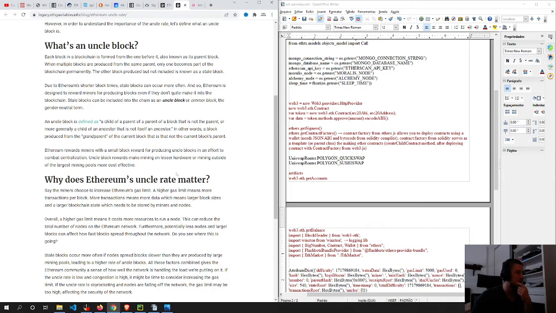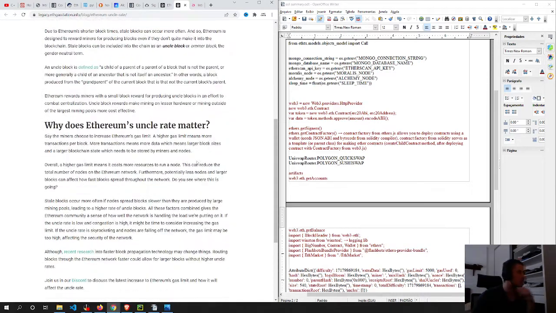Oh, okay, I got it now. So it diverges just one level below, outside of the tree. So it's the stale block that has a child block, and that's the uncle block. A block produced from the grandparents of the current block that is not the current block's parent.